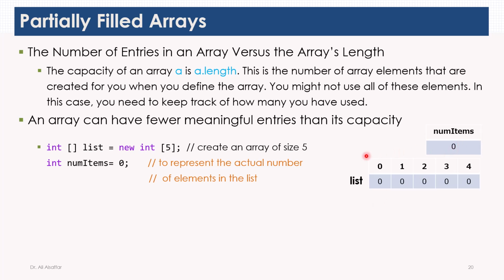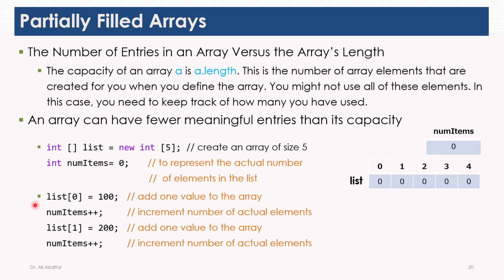Since we did not add anything into the array, the value of this variable is equal to 0. So whenever we look at this integer, its value represents how many elements are used in the array. In the beginning, it is 0 to represent the actual number of elements in the list. So we have the capacity, which is the length, and we have the actual number of elements, which is in the variable num items.